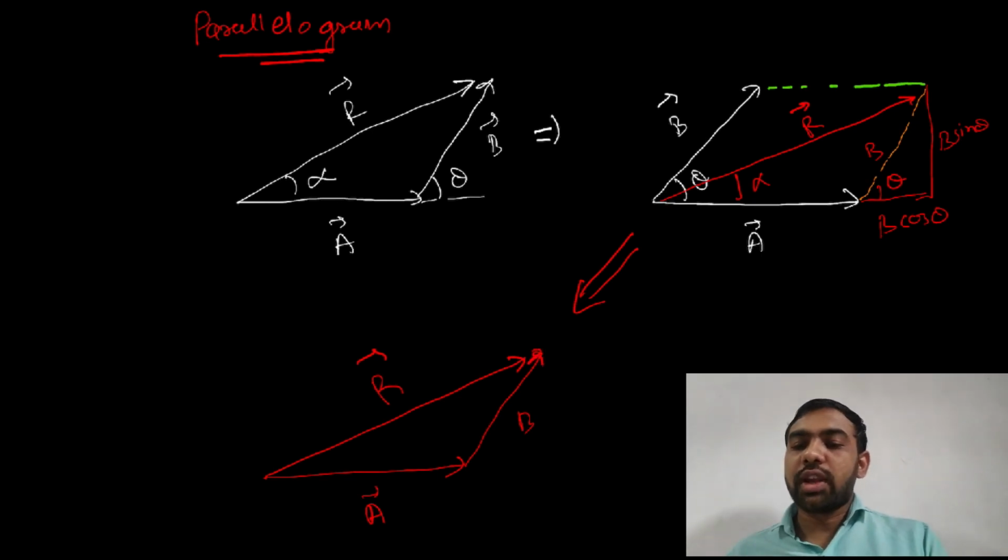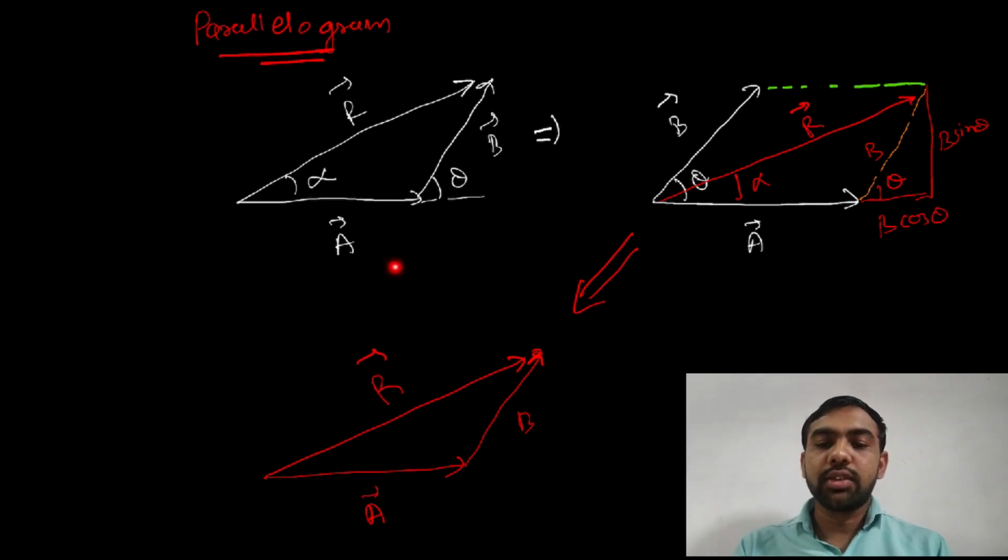Sometimes we use the parallelogram, and sometimes we use the triangle. So we have two methods for finding the summation of two vectors, maybe the triangle method, maybe the parallelogram method. If you draw this figure, then it is the triangle method. If you draw this figure, then it is the parallelogram method. But your resultant does not change.